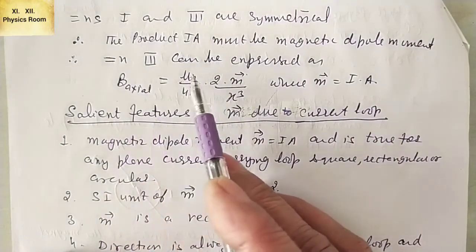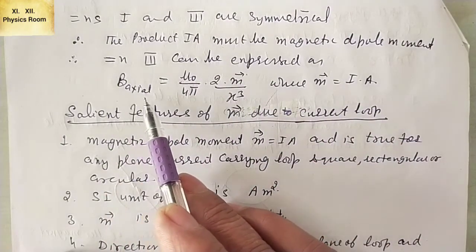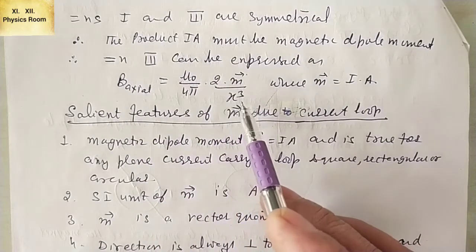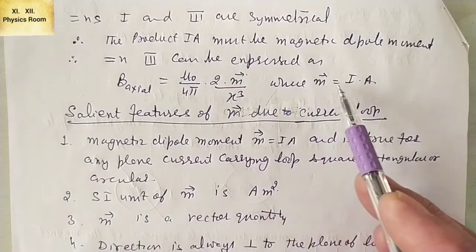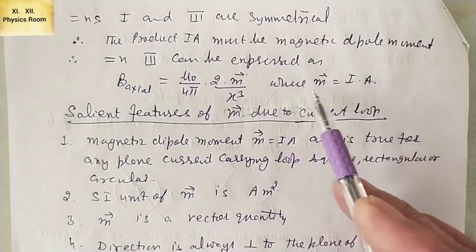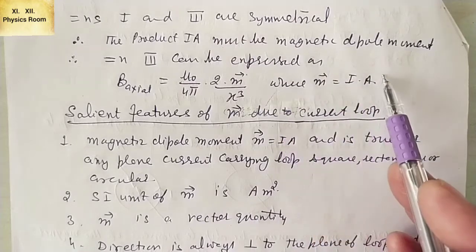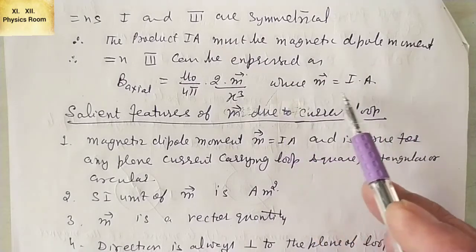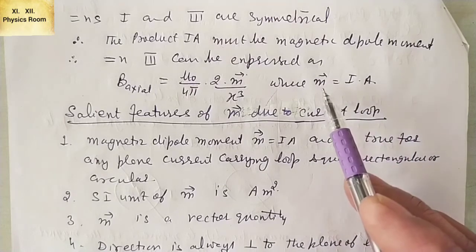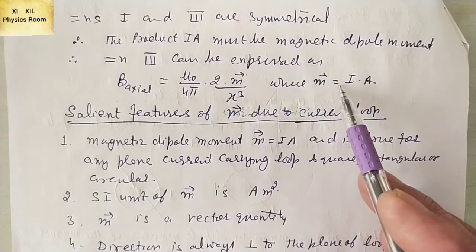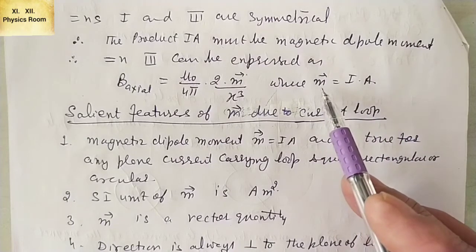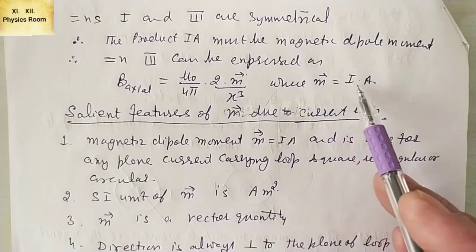Therefore equation 3 can be expressed as B axial equal to mu 0 over 4 pi into 2 m by x cube, where m is equal to I into A. So the magnetic dipole moment of a current carrying loop carrying current I and area of cross section A is m equal to I into A. If the loop consists of n turns, then it will be n I A.